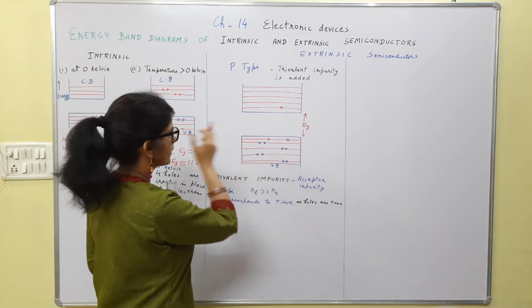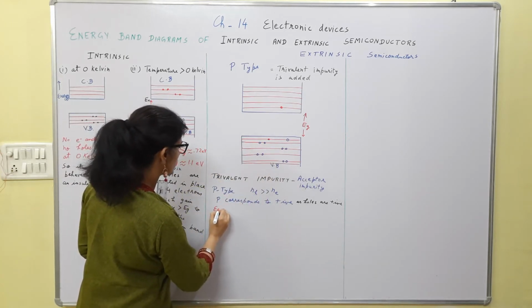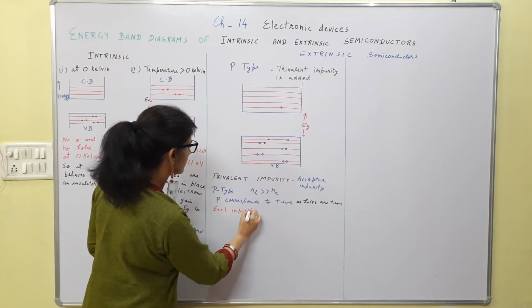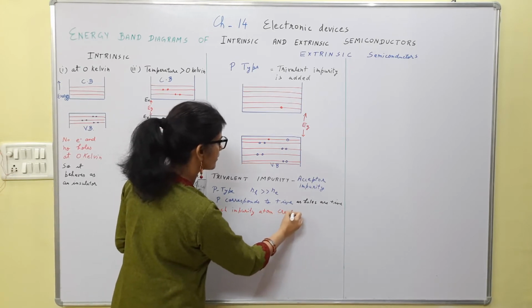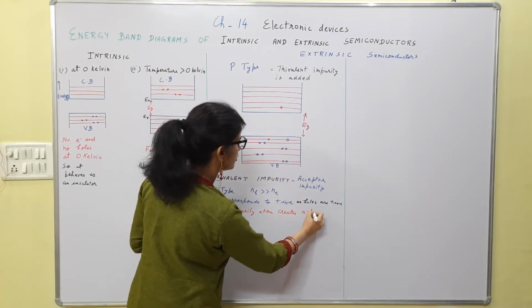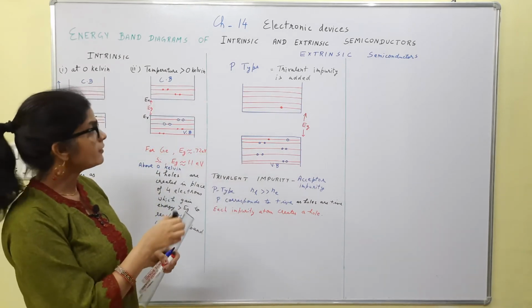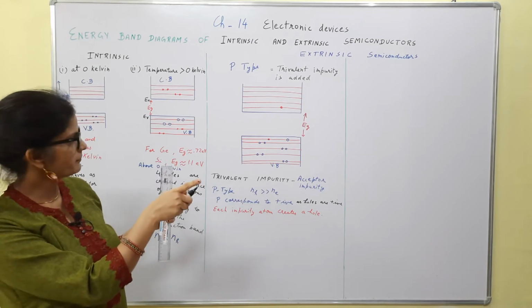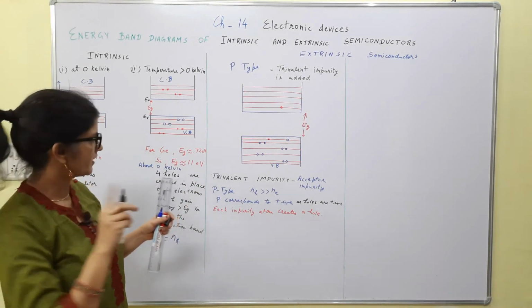So here if you look at this, you can say that each impurity atom creates a hole, right? So in the above figure, 8 holes are due to the impurity atoms and 1 electron hole pair is created due to thermal agitation.